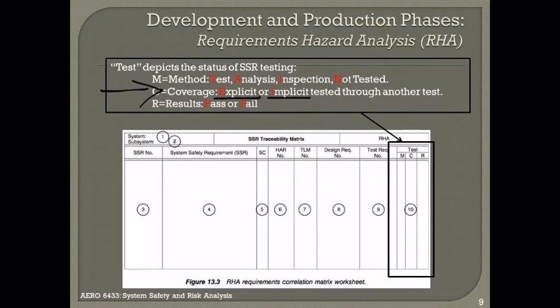Explicit means that the system safety requirement is tested explicitly. It's tested on its own. So, for example, small boat buoyancy testing to find out how much weight you can put into a small boat without it sinking. They put a boat in the water and they load it up until it sinks. That's explicit testing coverage.